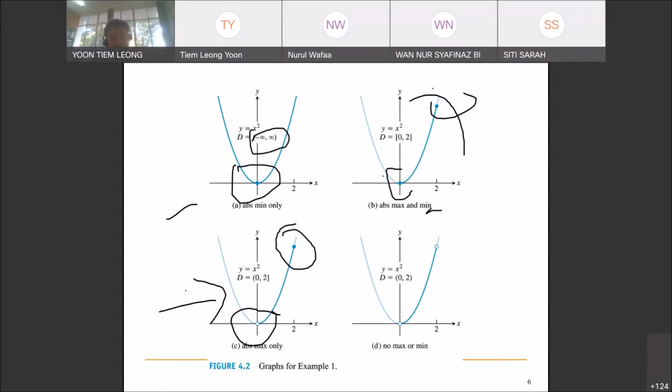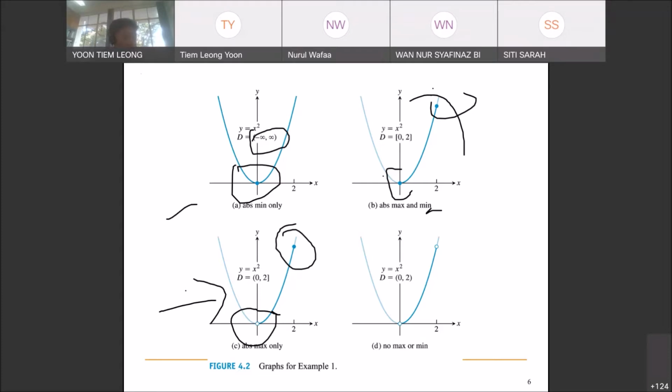Say, for example, you say x equals 0.000001 is the lowest value for the function. Then you can think of another value which is smaller than the value that you mentioned. Mention any value of x, and you can always have a number smaller than x to give a lower value of the function y equals x squared.